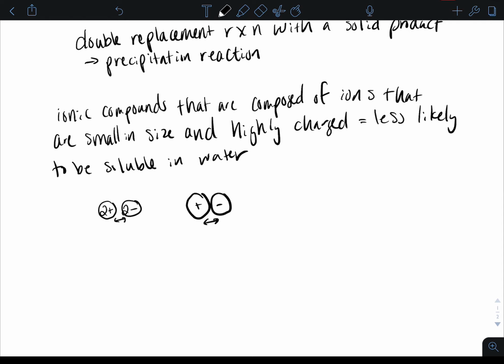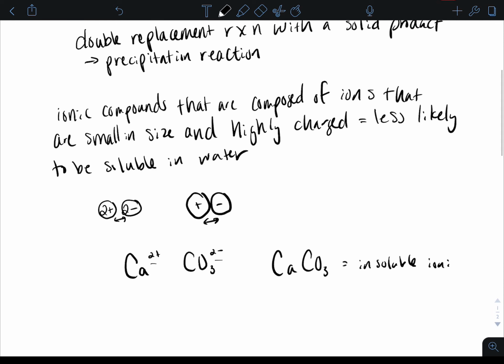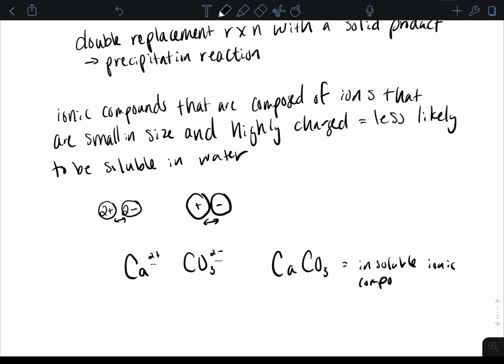So, as an example, something like calcium carbonate. These are both fairly small ions, and they both have a large charge. So calcium carbonate is going to be an insoluble ionic compound, meaning when you throw it in water, it's not going to dissolve.